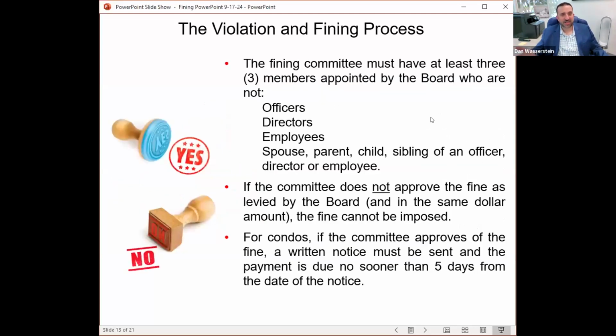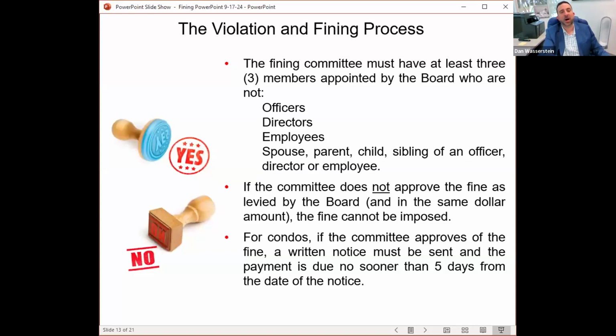The fining committee has to consist of at least 3 people, 3 members, but they cannot be officers, directors, or employees, spouses, parents, children, or siblings of an officer or director. So the idea is that this committee, if it's going to be, let's call it a second look at the fine, obviously, if I'm on the board and my wife is on the committee, there's a pretty good chance she's going to rubber stamp whatever I voted on.